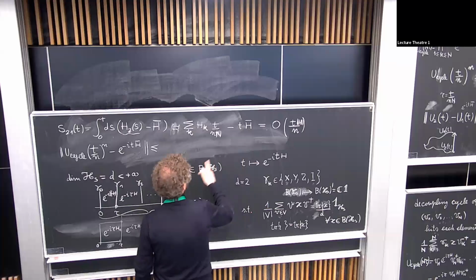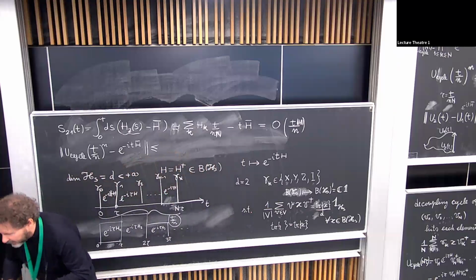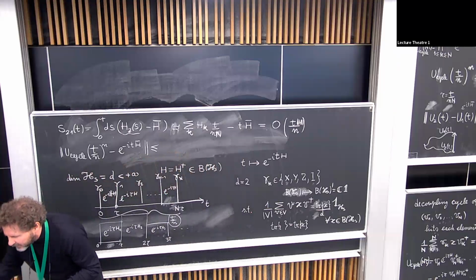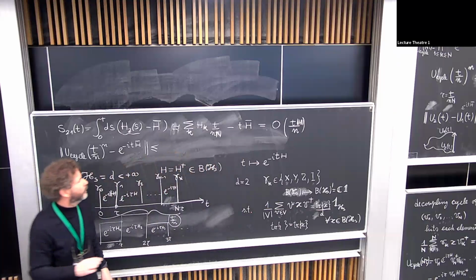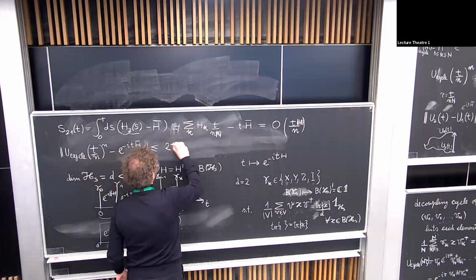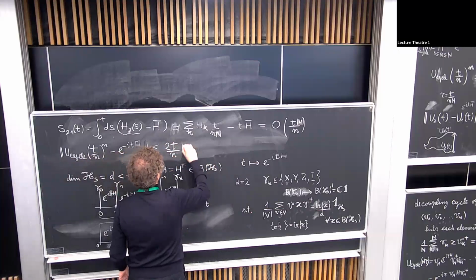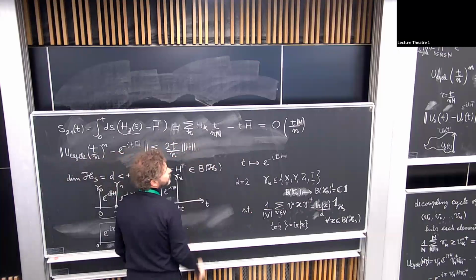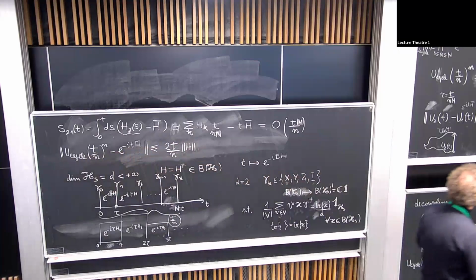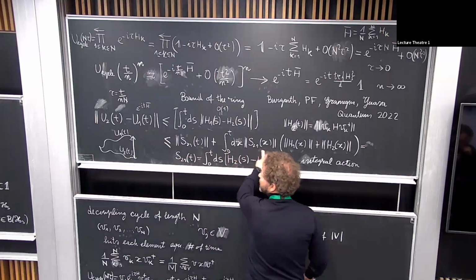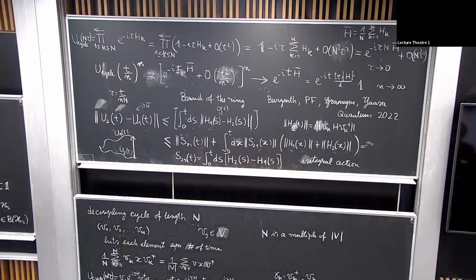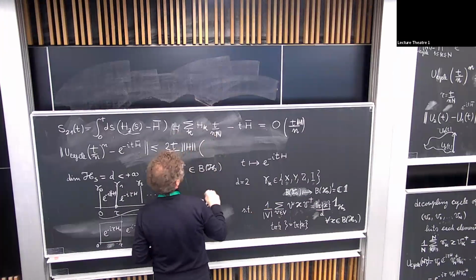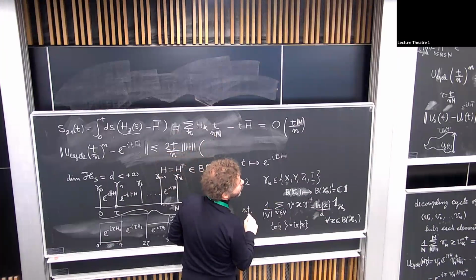I can tell you exactly: it's essentially 2t over n times the norm of H, times again the norm of the action, plus 2H.